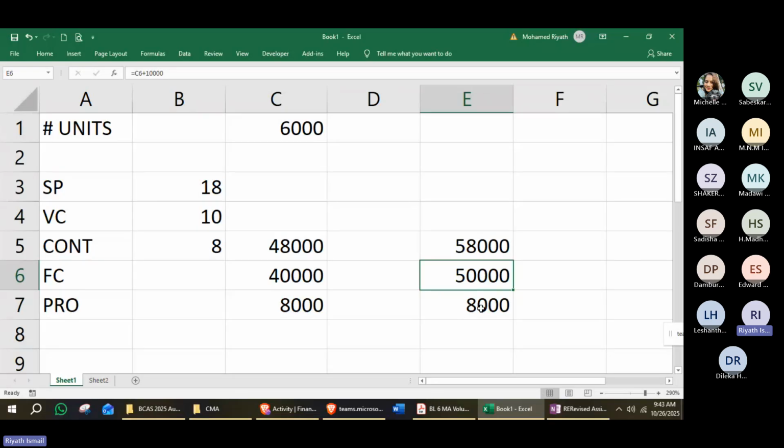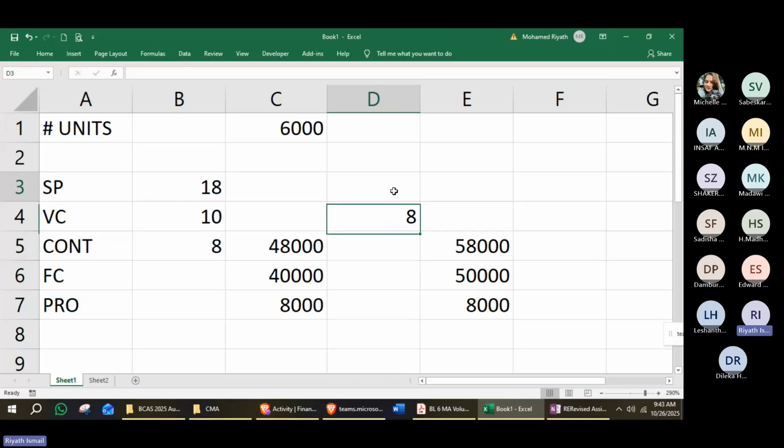At the same time, the variable cost. Now the variable cost could be, already 8,000 production variable cost, due to the introduction of the new machine the variable cost may go down. So therefore, now it will be 8. Why? Already it was 10, a 2,000 reduction, right?